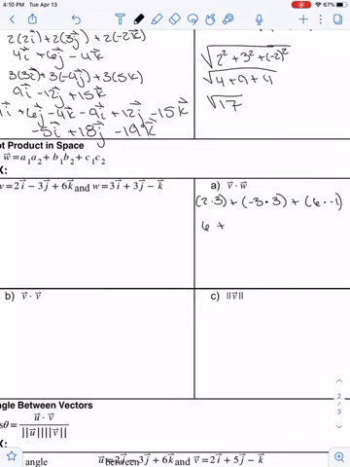So that's 6 plus negative 9 plus negative 6. The 6 and the negative 6 cancel, so we end up with just negative 9.